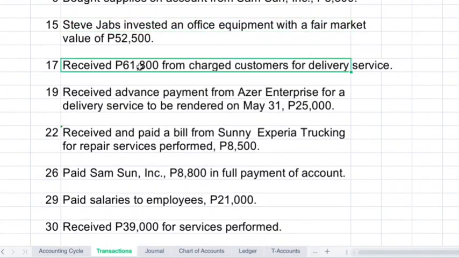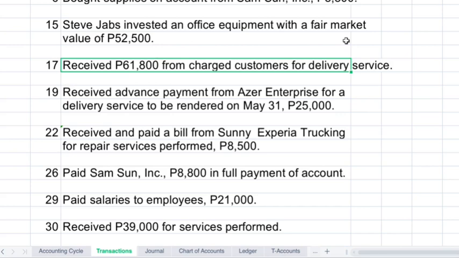So on May 17, the business received $61,800 from charged customers for delivery service. Okay, so we perform a service, delivery service, and then we receive payment from the customers. So what are the accounts affected here? Yes. So cash, okay, because we received 61,800, and then we'll credit revenue.